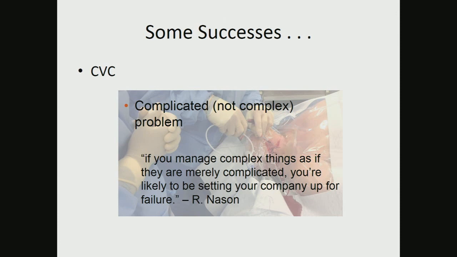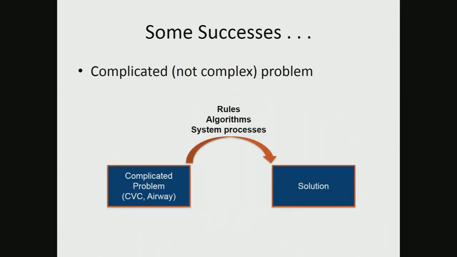Some of you may have heard that, or it may sound like semantics, but a complicated problem, versus a complex one, which we'll talk about in a minute, is a problem that you can reduce to its parts. So while placing a CVC may be really hard, you could write down what all the parts are, and the whole is the sum of the parts.